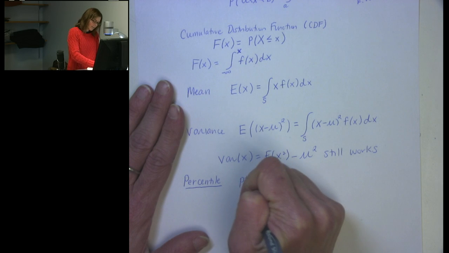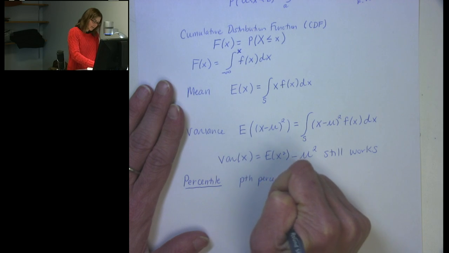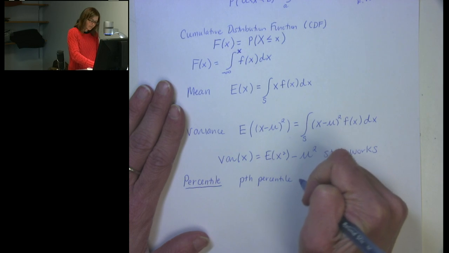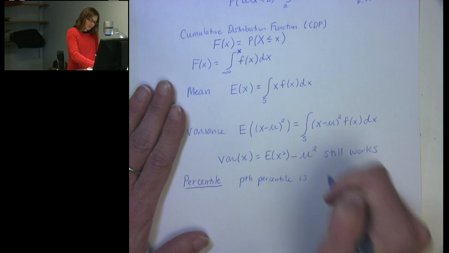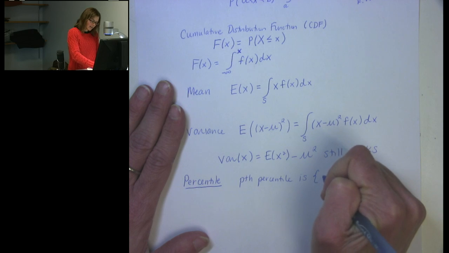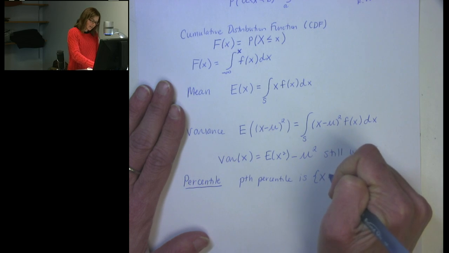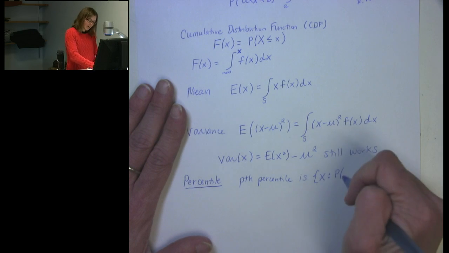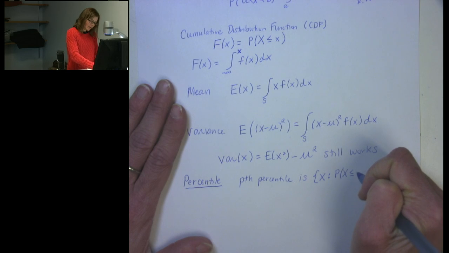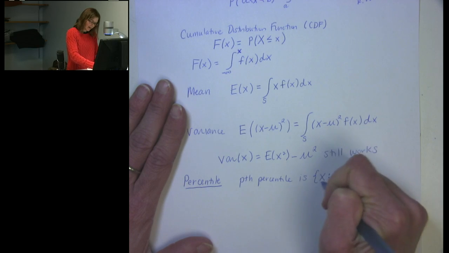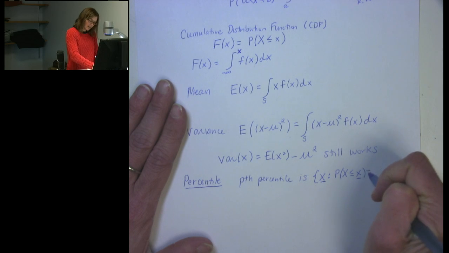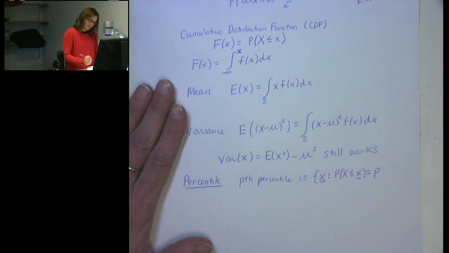The pth percentile is really the set of all values of x so that the probability that our random variable takes on a value that's less than or equal to our x is equal to p.